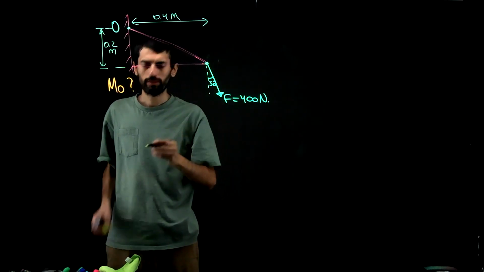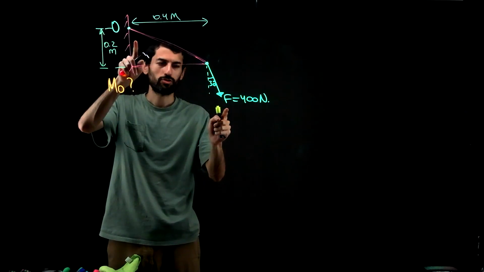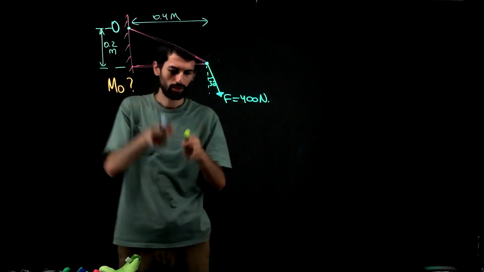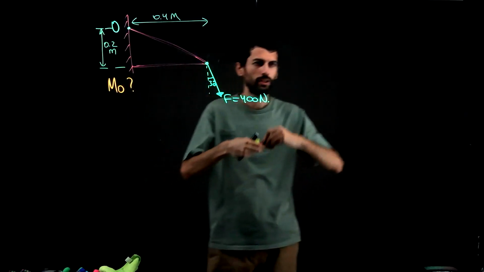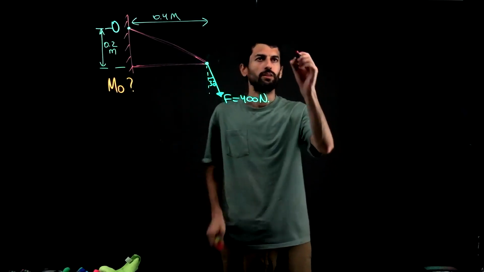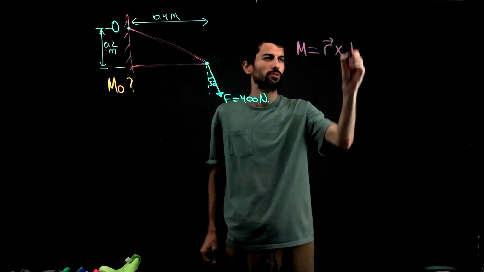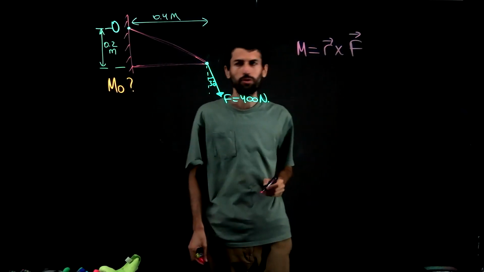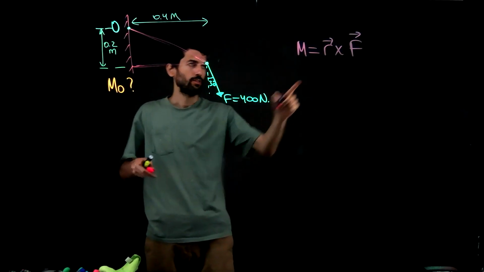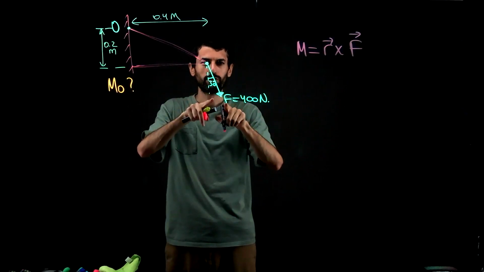I need to find the arm of this force vector. To find it, first I need to know that the moment is R cross F. R is the position vector, and F is the force that we know.